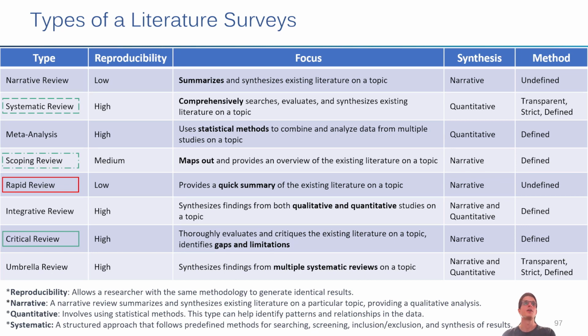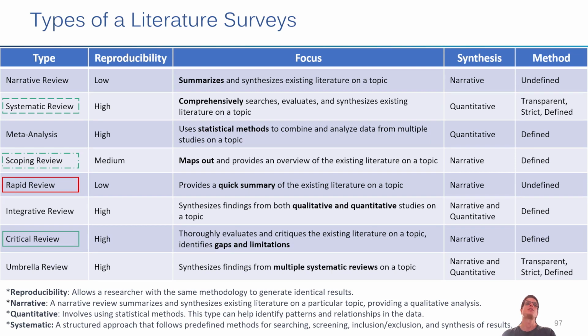And in the beginning, I also jumped over the narrative review. The narrative review summarizes, similar to the rapid review, but it is not with the goal of being fast and giving a quick glimpse. It tries to summarize the literature on the entire topic, but it does not have this systematic nature of being transparent, strict, and defined, which makes it a candidate that you could use.